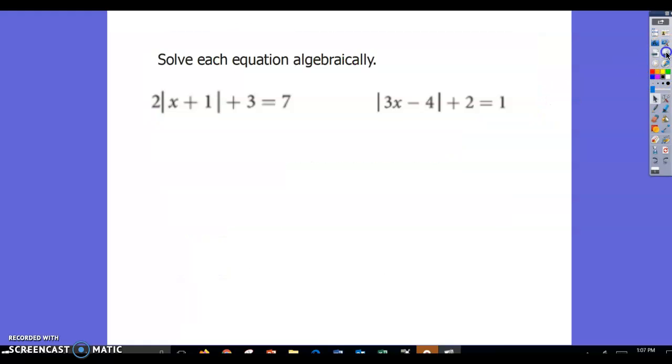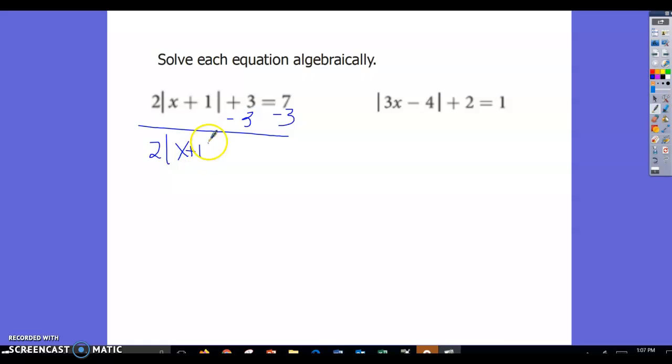All right, let's look at a couple examples here. Solve each equation algebraically. So this is an absolute value equation. Step 1 is to isolate the absolute value. So the first thing we need to do is get the absolute value by itself, so we're going to get rid of this -3.